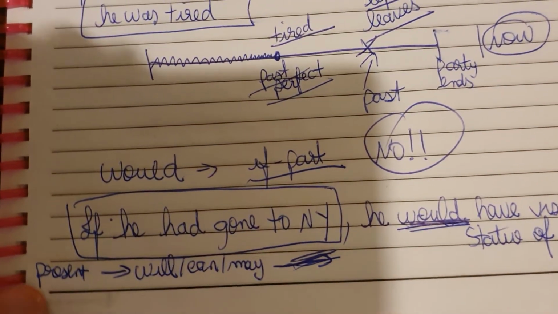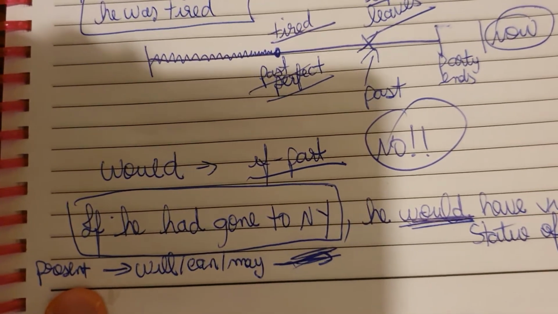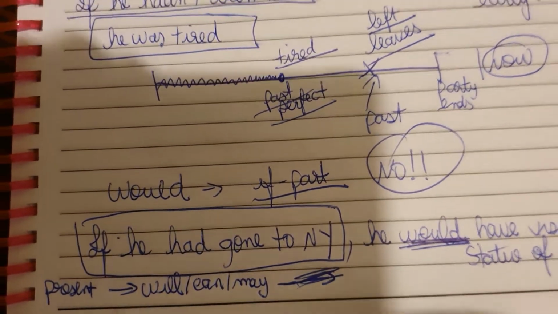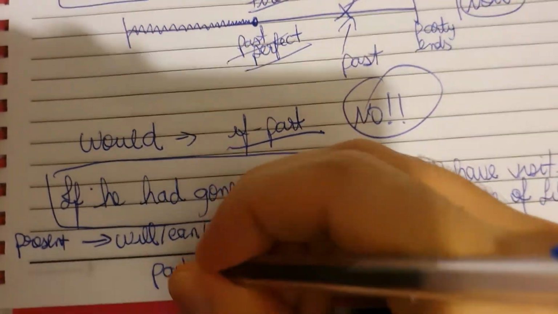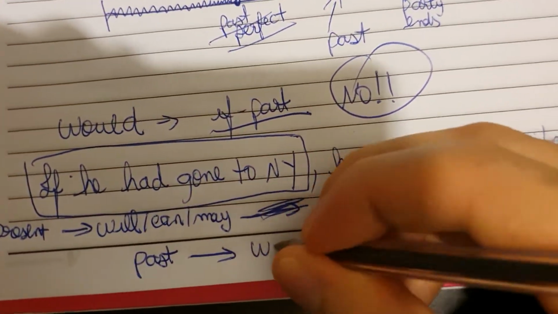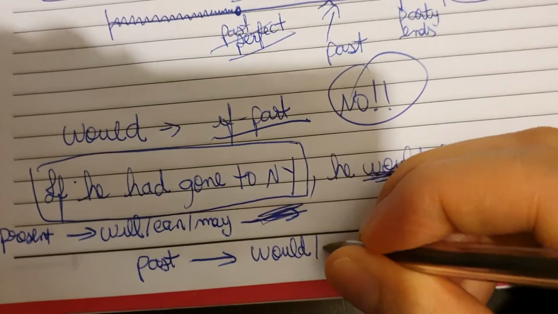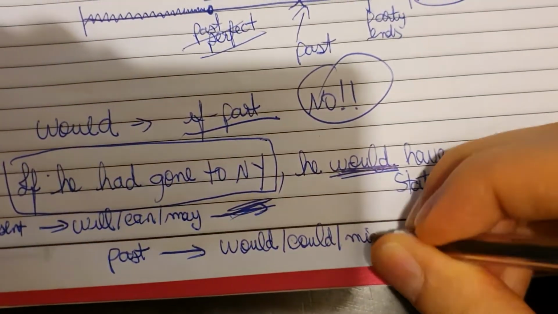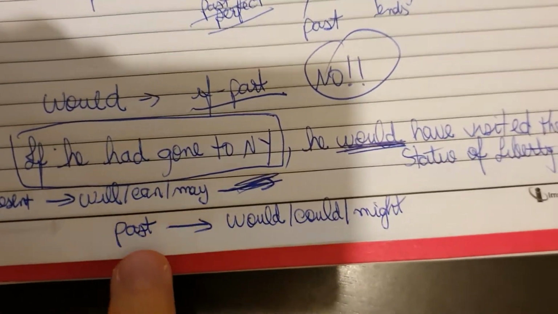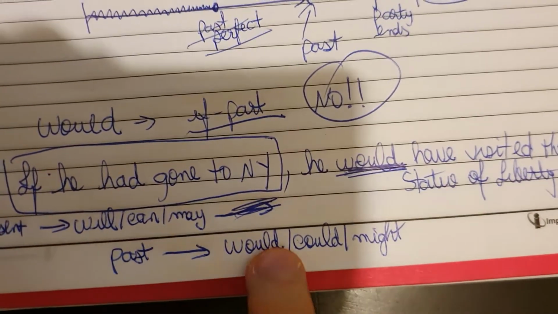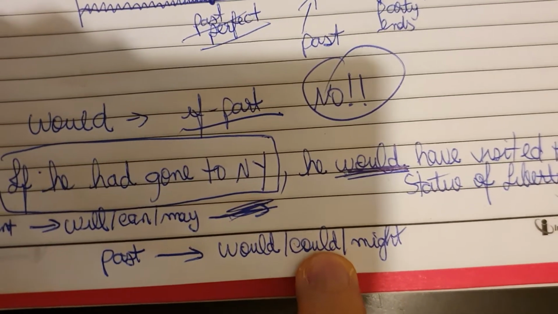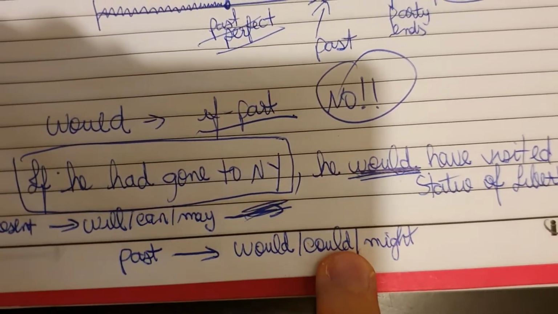For example, if I go abroad, I will visit the US. It can be in the past, coming with would, could, might. If I studied more, I could have a better score, okay?